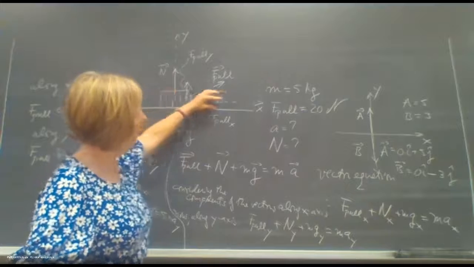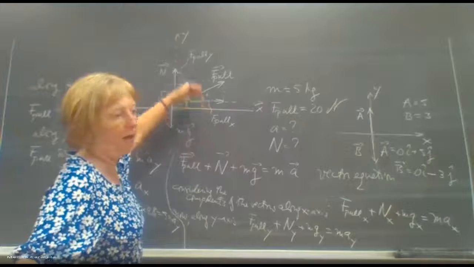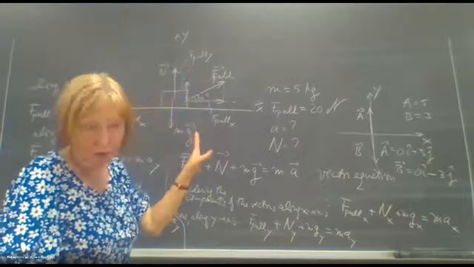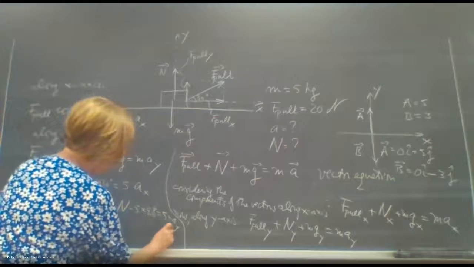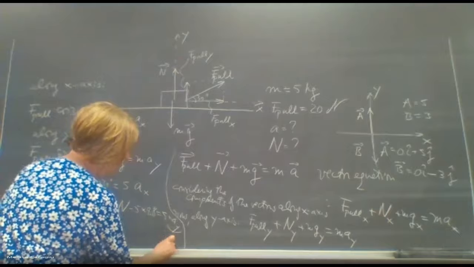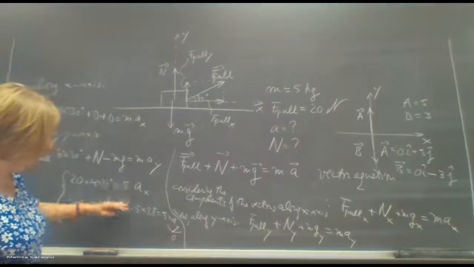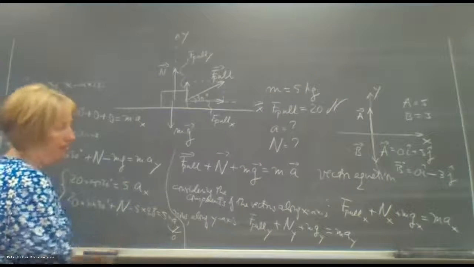Since it moves only along the horizontal surface, it has no acceleration along the y-axis because it has no motion along the y-axis. So basically, you have to impose that acceleration along y is 0, and then you reduce this to a system of two equations, two unknowns.